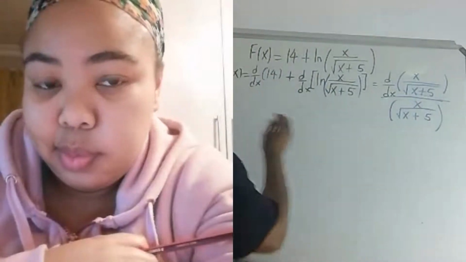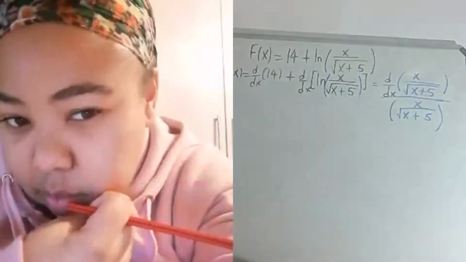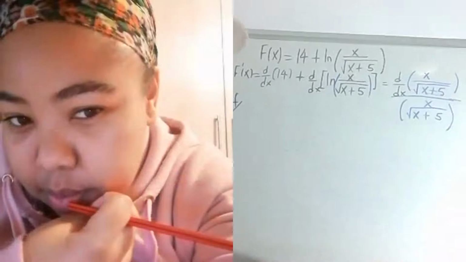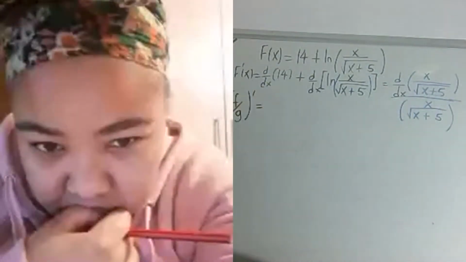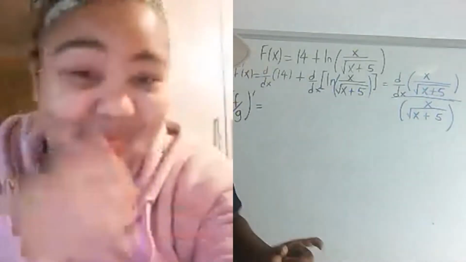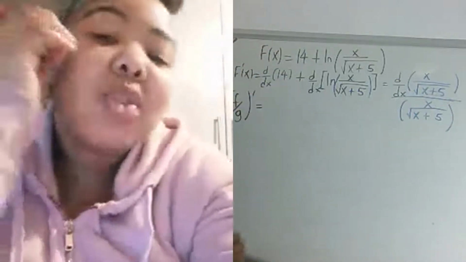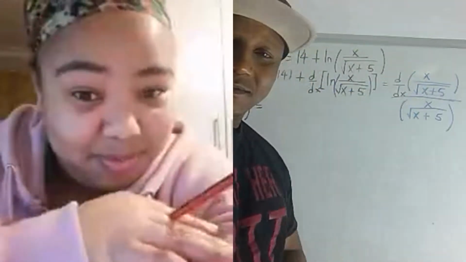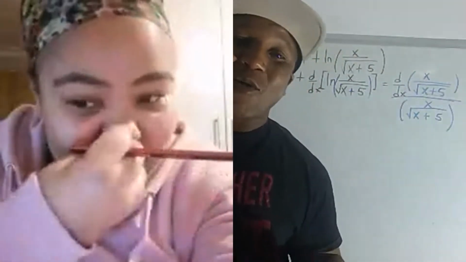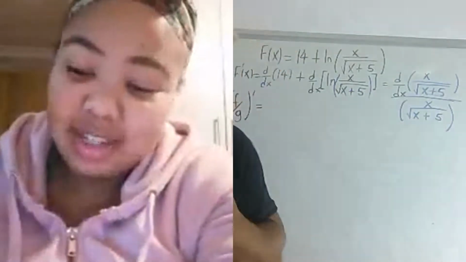So we know the quotient rule says f over g, the derivative, equals the denominator constant. I'm trying to remind you a little bit. The denominator must be constant. So now we are dealing with it as a quotient. It just came by coincidence. We didn't know it was going to be a quotient.